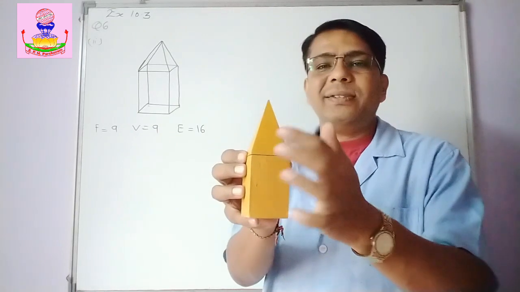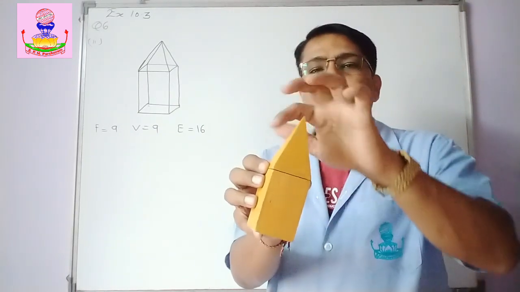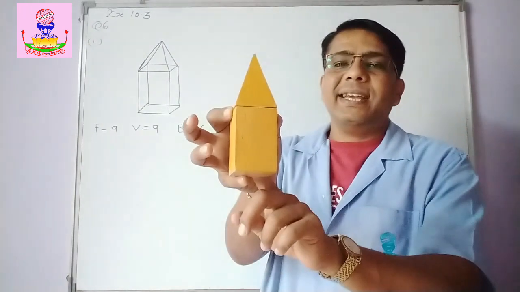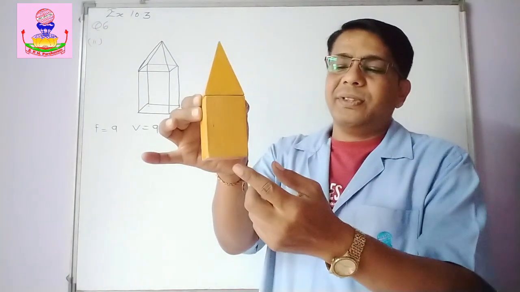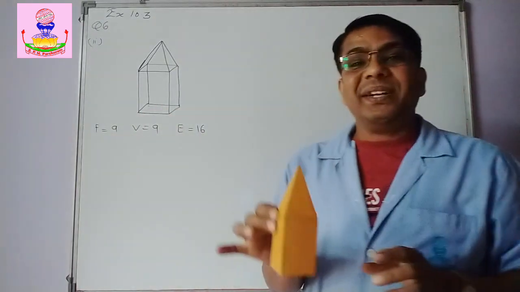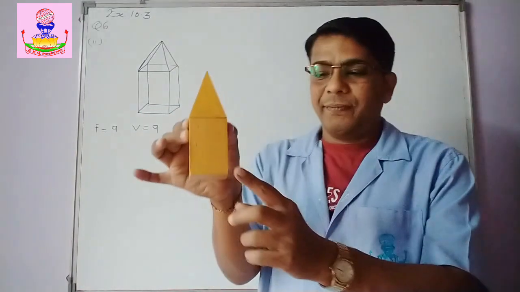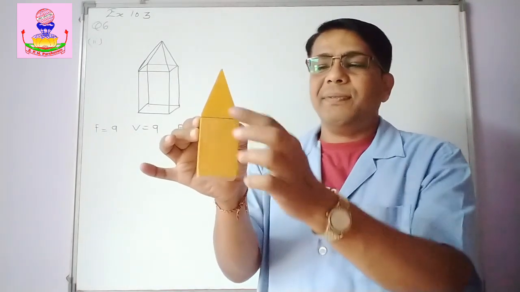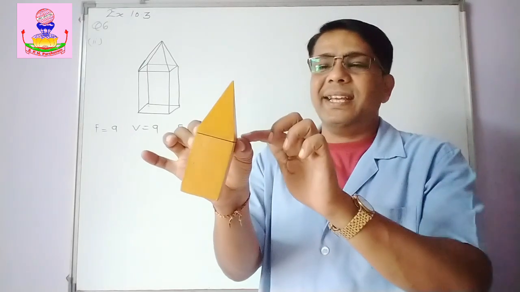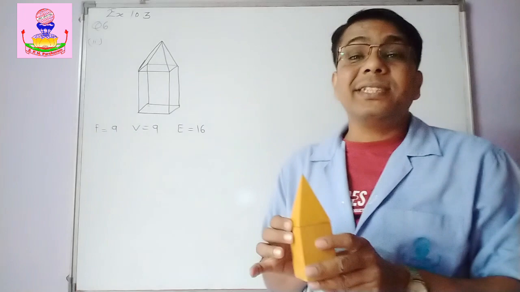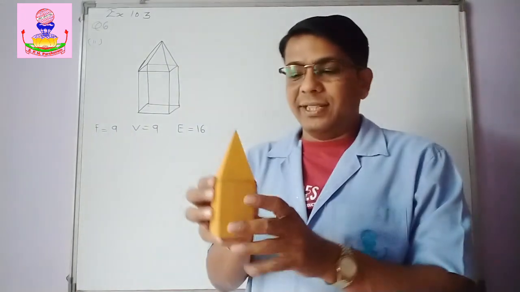See here, so first is faces, 1, 2, 3, 4, 5, 6, 7, 8, 9. How many faces? 9. Now let us go to the vertices. 1, 2, 3, 4, 5, 6, 7, 8 and 9. So 9 vertices. Now edges.